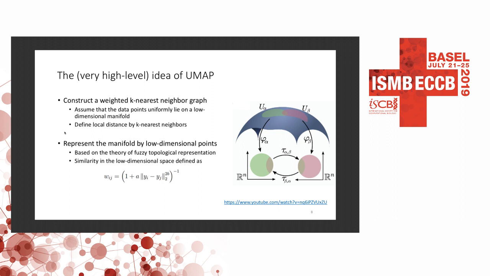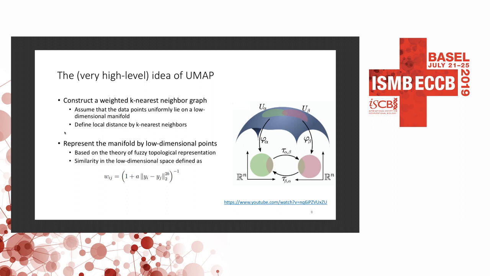On this manifold, the cells are kind of uniformly located. And they construct that manifold by using the k-nearest neighbor graph. For example, if in a high-dimensional space the cells lie on a ring, it will try to find that ring. That's the manifold that it tries to find for the cells in the high-dimensional space.